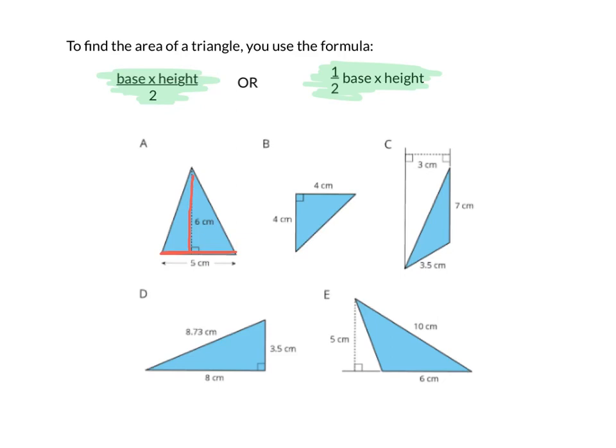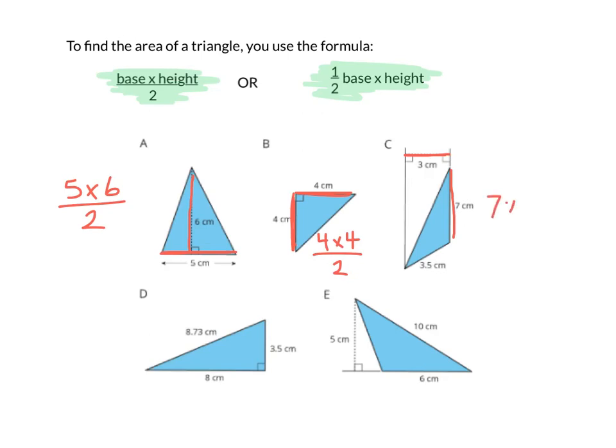So to find the area of that triangle, I would do 5 times 6 and I would divide it by 2. For B, this would be the base and this would be the height. So I would do 4 times 4 divided by 2. For C, we always look for that right angle. So this would be the height and this would be the base.